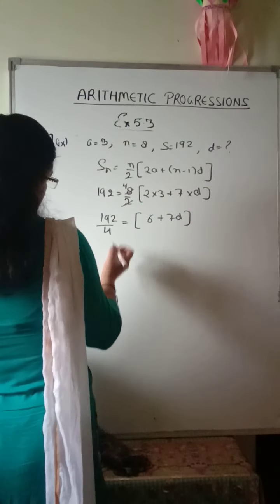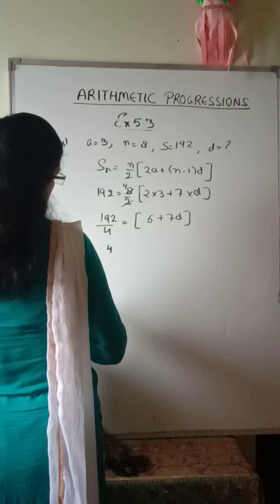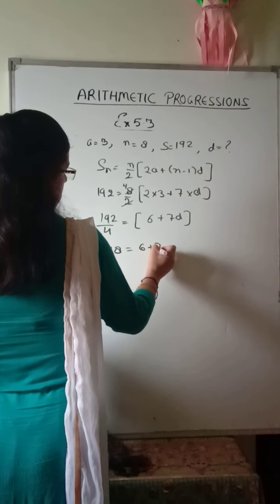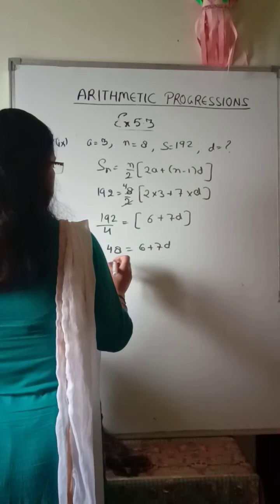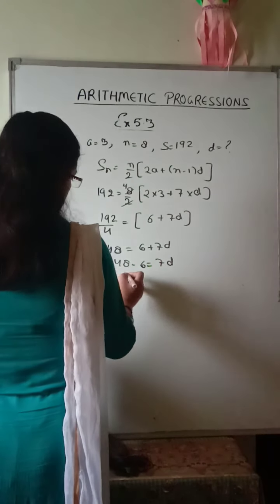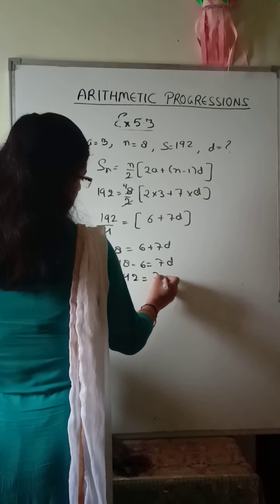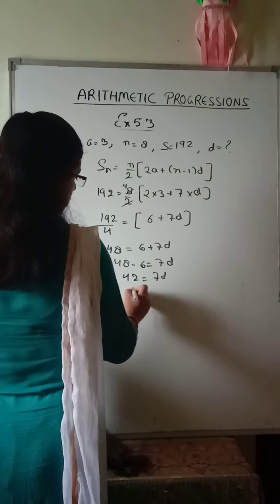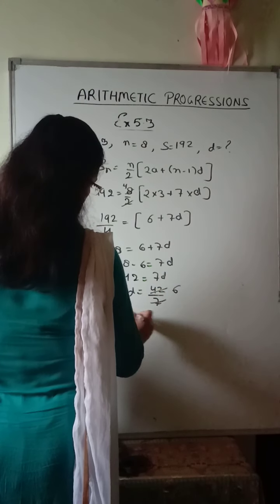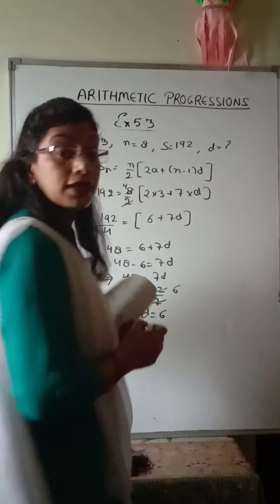Okay. 4 4s are 16. 4 8s are 32 equals to 6 plus 7d. 6 को इधर बैठेंगे minus 6. So 48 minus 6 is equals to 7d. 42 equals to 7d. Therefore d is equals to 42 upon 7 6 are 42. So what we got, d is equals to 6.